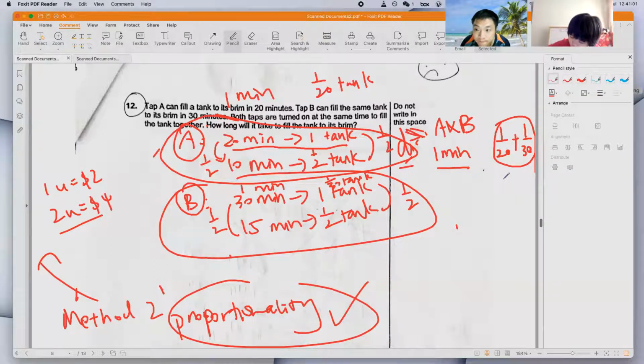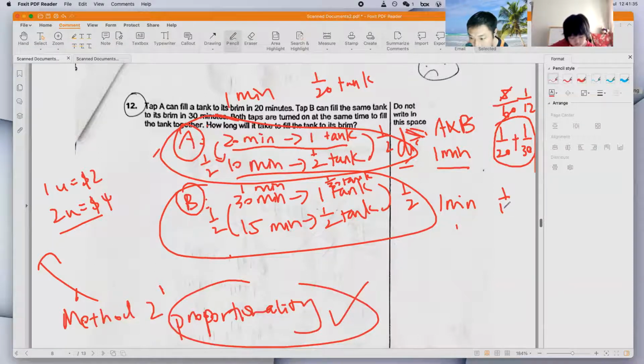What's the fraction? 5/60, is it? Yeah, 5/60 is 1/12, right? So basically, in 1 minute, 1/12 is filled.